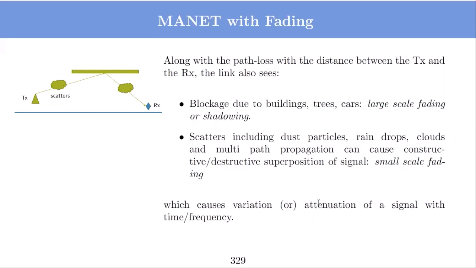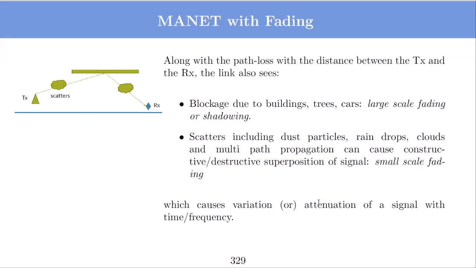And then there can be scatterers, which include dust particles, raindrops, and clouds, which can change the phase or add attenuation to the signals. These are small-scale fading. There are multiple scatterers and the signal passes through them. It creates multipaths with different attenuation and phases.